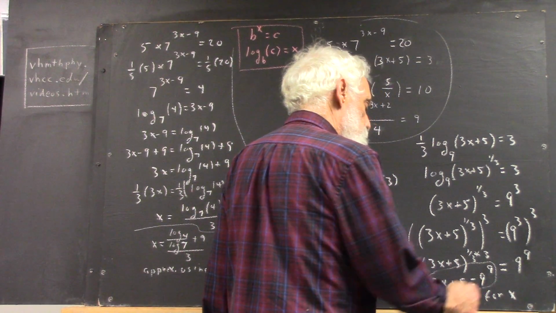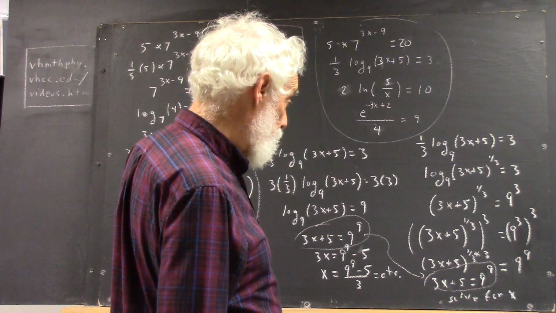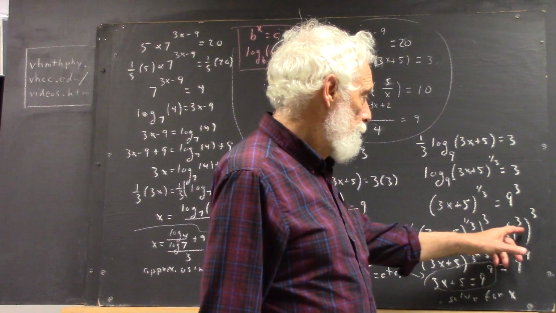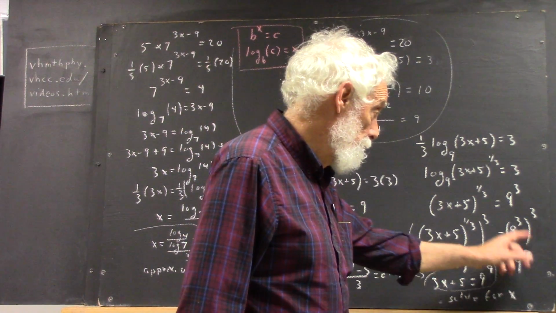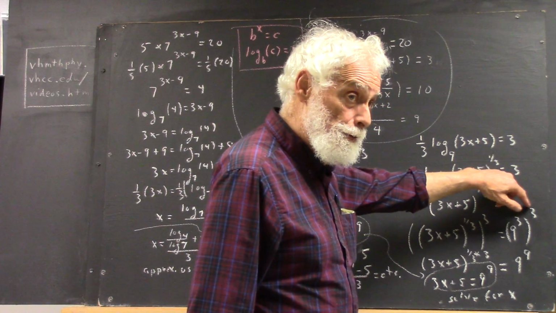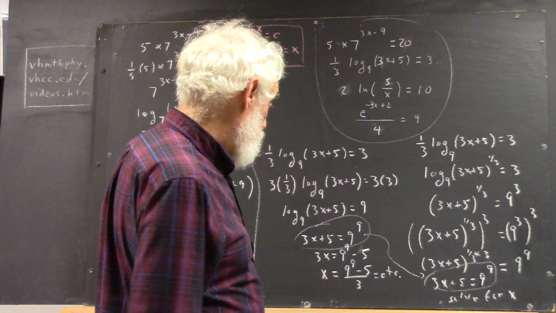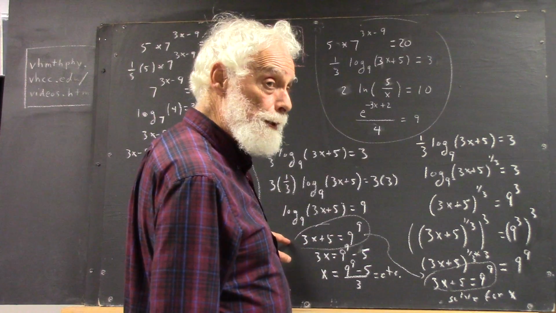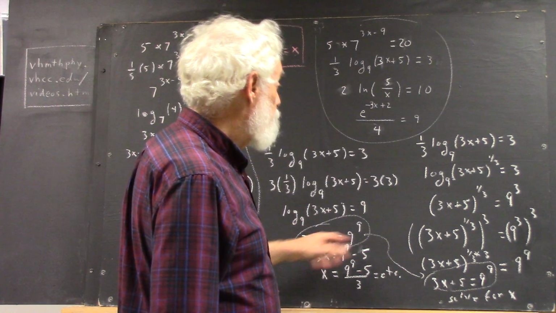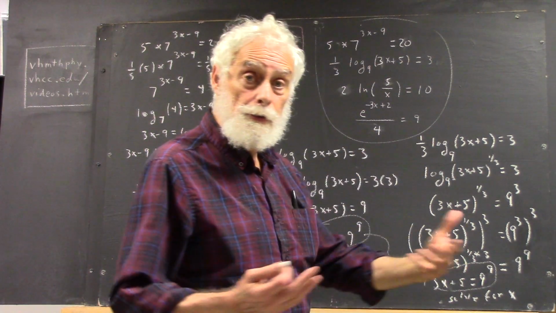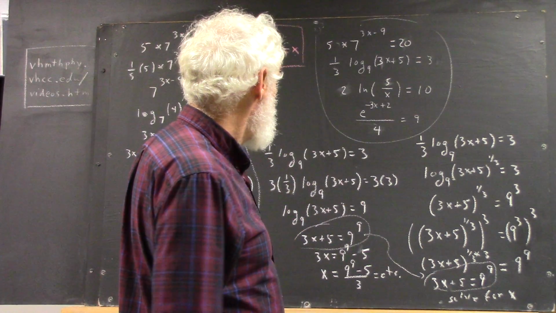So we get 3x plus 5 equals 9 to the 9th, because we have 9 to the 3rd here, which is 9 to the 9th. Again, we multiply exponents here as well. This equation is the same as the earlier one now, so this is just another strategy using a different property of logarithms.